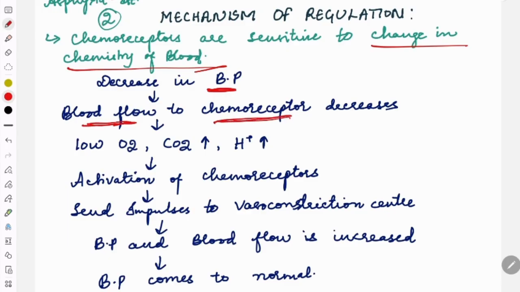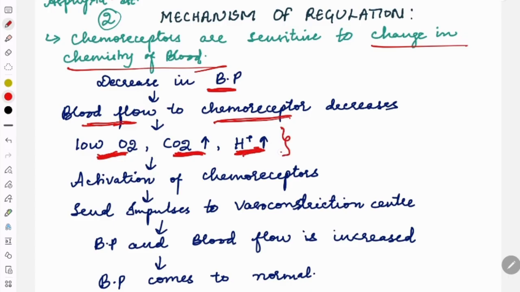So when these peripheral and central chemoreceptors receive low blood flow, what will happen? In that blood there is decreased oxygen, increased CO2 and increased H plus concentration.